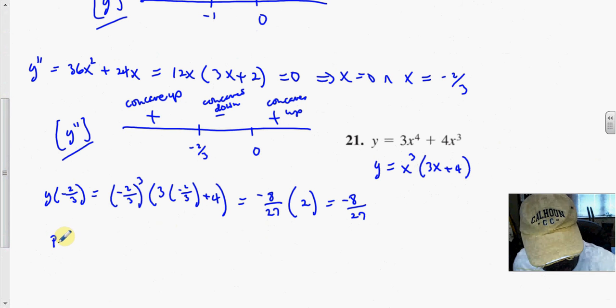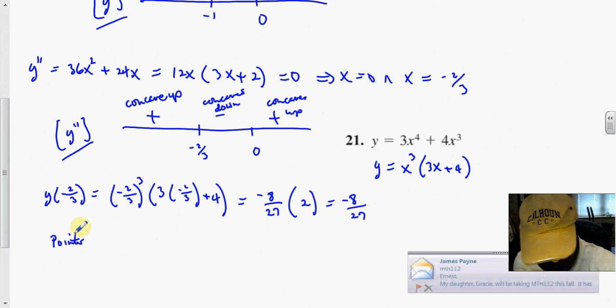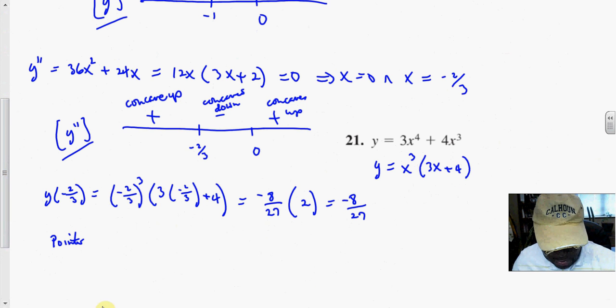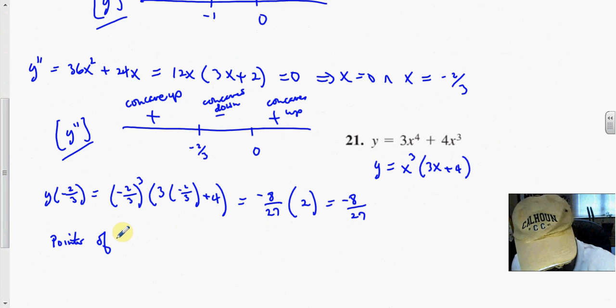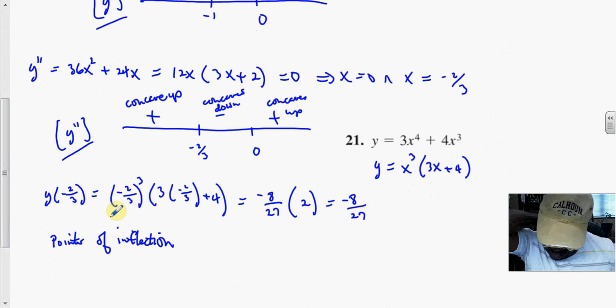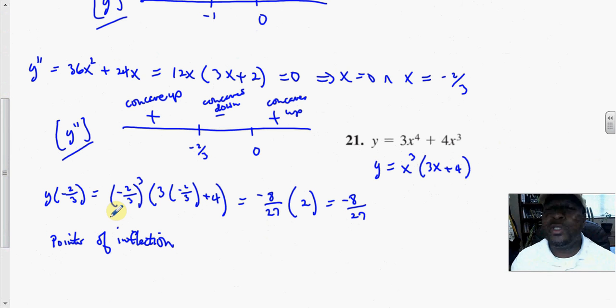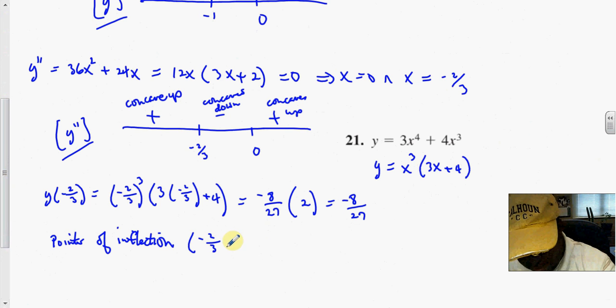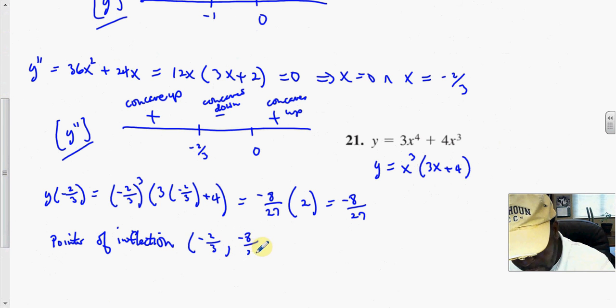Okay. Points of inflection. And x is negative 2 over 3, y is negative 8 over 27, and 0, 0.